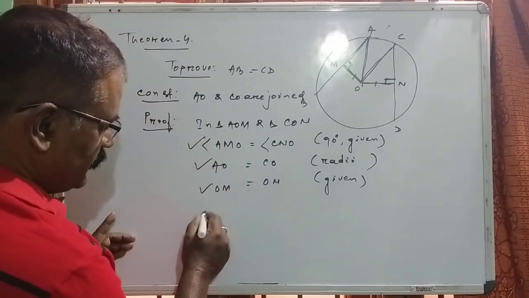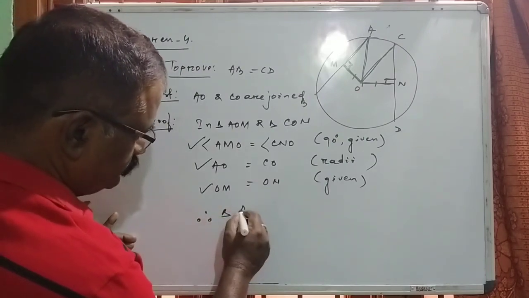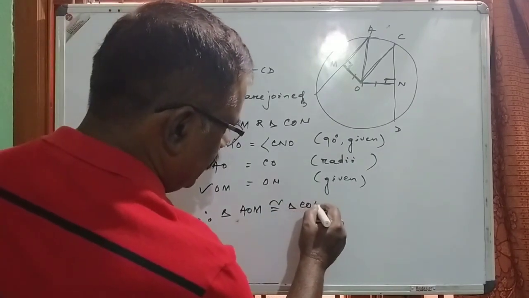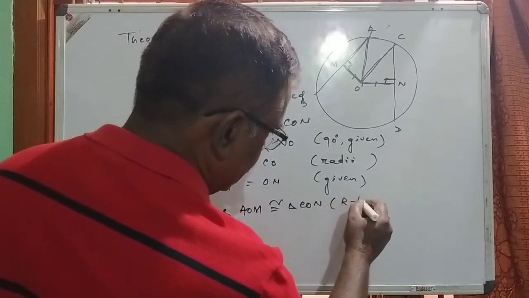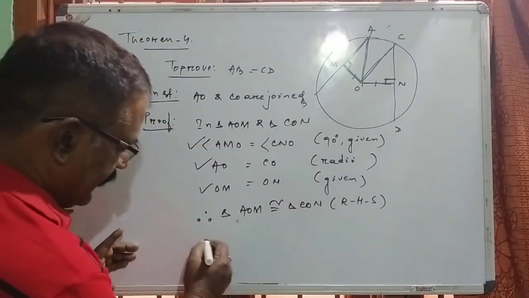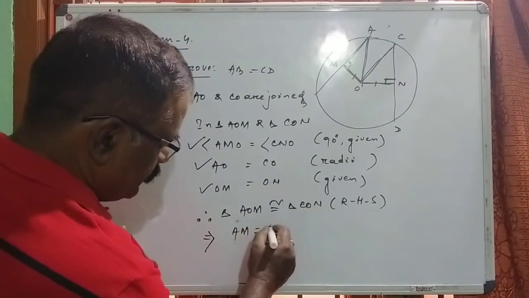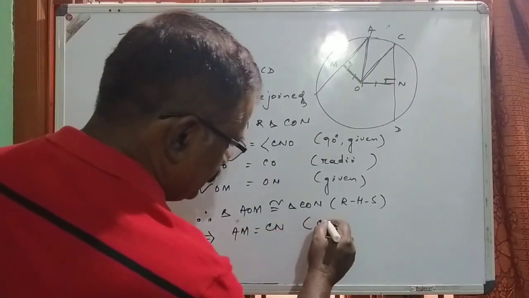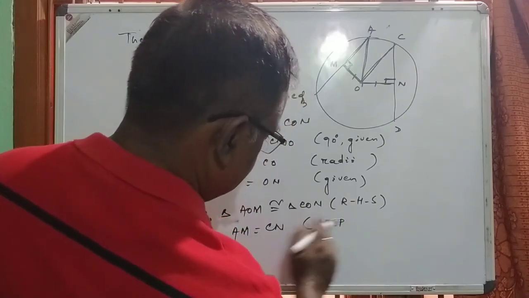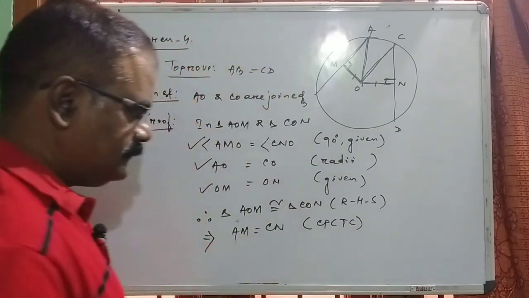So therefore triangle AOM is congruent to triangle CON by the right angle, hypotenuse, side postulate. And hence what we will get? We will get AM is equal to CN by CPCTC. Corresponding parts of congruent triangles are congruent.